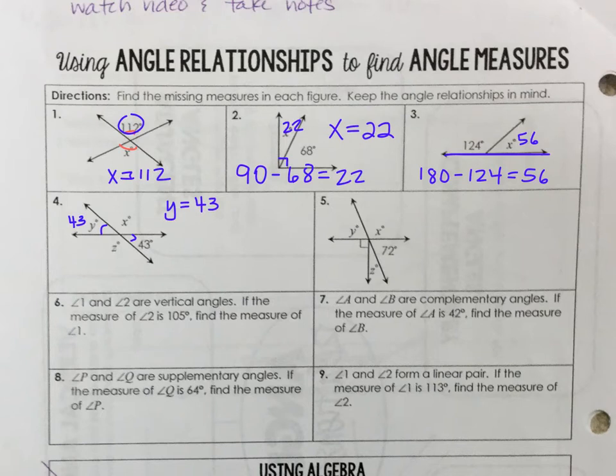Now, I want you just to look at the purple section. Ignore the bottom. I see that this is on a straight line. So I know that the straight line is 180. So if I take 180, I subtract the 43 we got for the y, that's going to equal the x, the missing one. 180 minus 43 is 137.